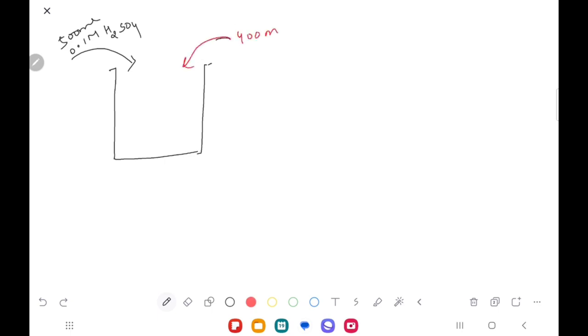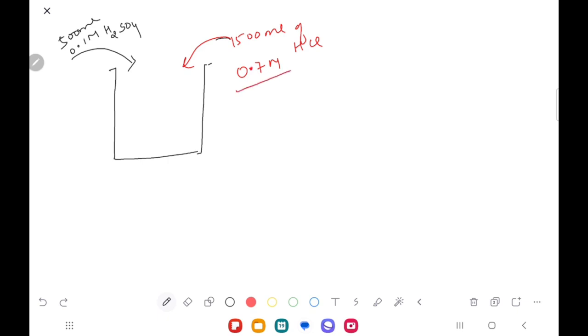When I say there is this beaker, and in this beaker, I am mixing what? I am mixing 500 ml of 0.1 molar H2SO4. Does that make sense? And from the other side, I am mixing 1500 milliliters of HCl, which is 0.7 molar.